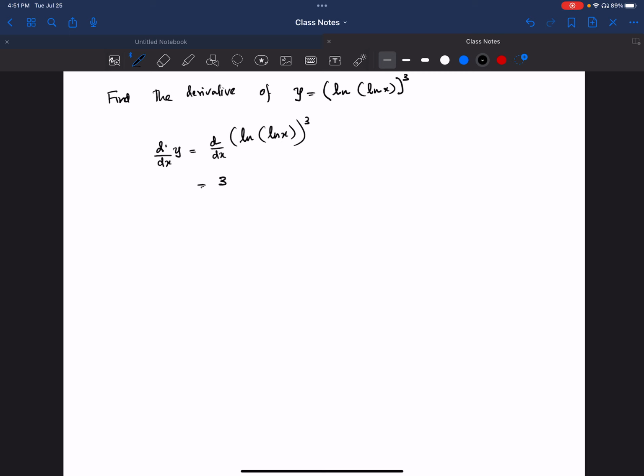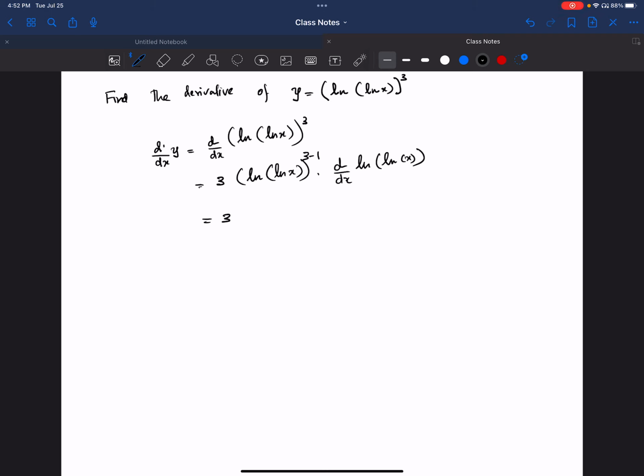So your power rule, three times natural log of x to the 3 minus 1 times d over dx natural log of x, right? And this is 3 times natural log of x squared. And for this, actually, I can assume this as f of x, or you can use pretty much chain rule.